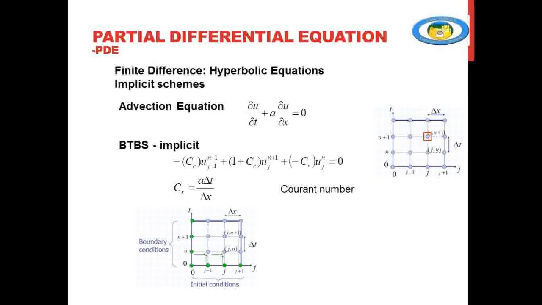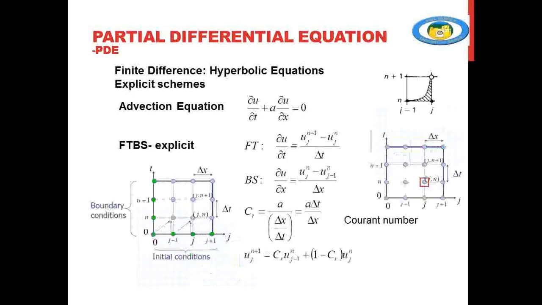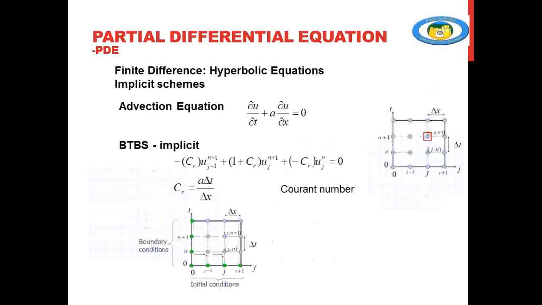But unlike the first equation here, when Courant number is equal to 1, it doesn't reduce to u j n plus 1 is equal to u j minus 1 n. No, it's not. It's a bit different this time around.